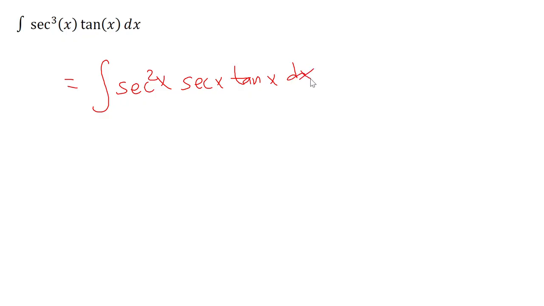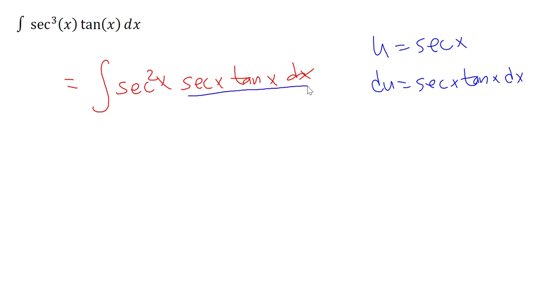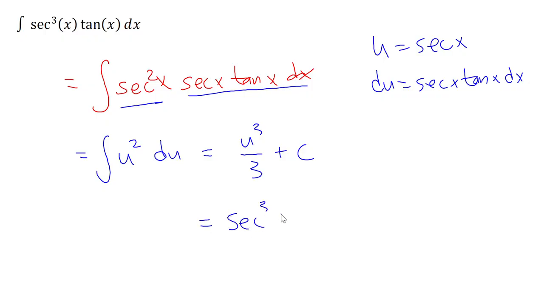The reason we might want to do that is because then we could rewrite this using a substitution where u is equal to secant x, because then du would be secant x tangent x dx. And now we have the secant x tangent x dx. And we don't have just secant, we have secant squared. Well, that's okay. That just means we have the integral of u squared du. And if we integrate that, we end up with u cubed over 3 plus a constant, which is secant cubed of x over 3 plus a constant.